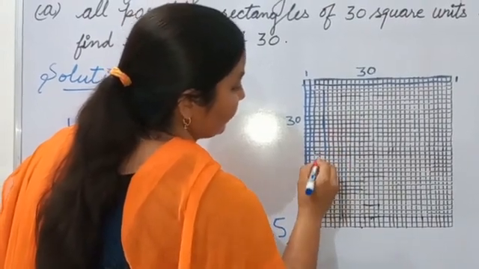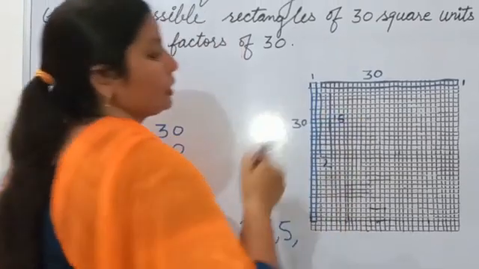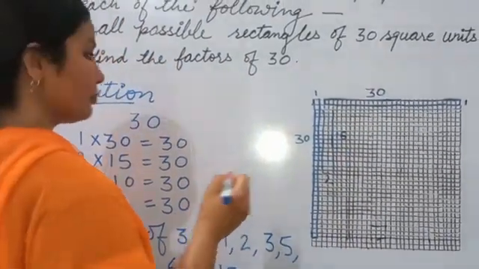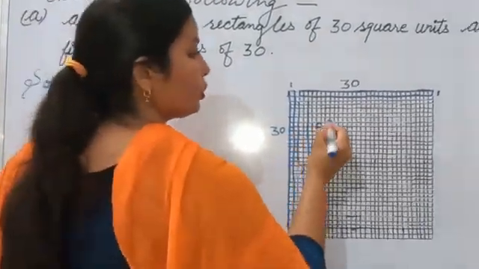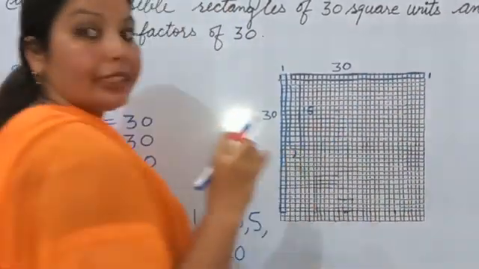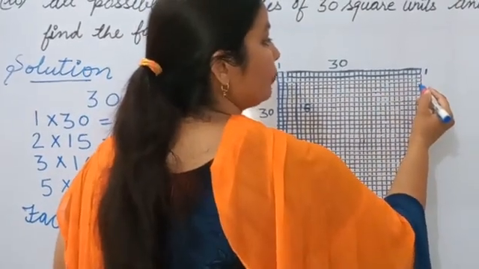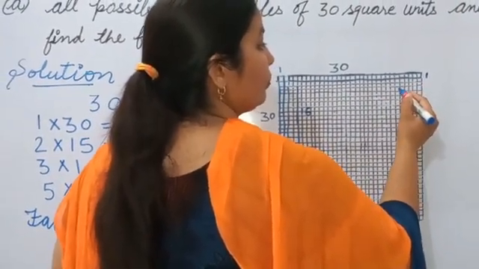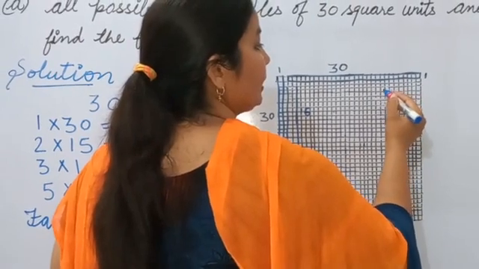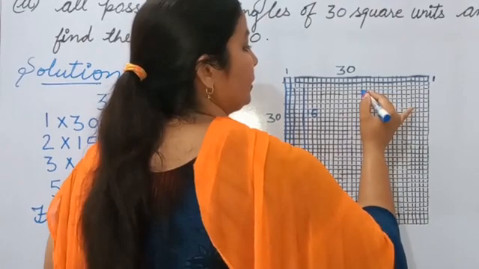So we can write here 2 and 15. Then next is 15 by 2. So we count like this: 15 in length and in breadth we take 2. From this side we count 1, 2, 3, up to 15.